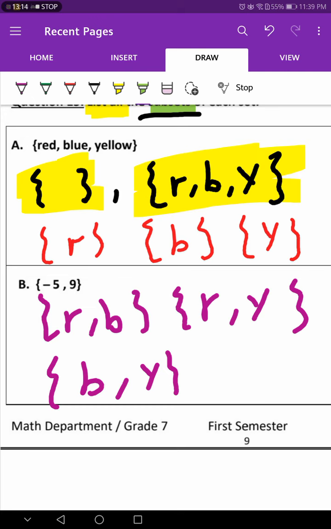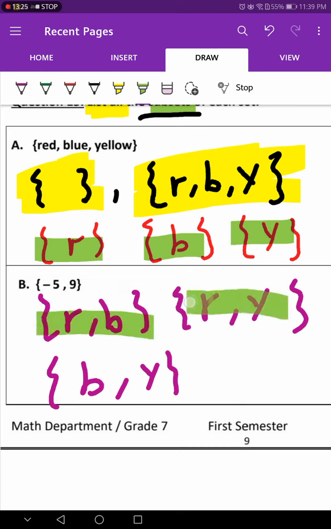Then I take each element alone. Then I take two by two: 1, 2, 3. I'm done. So this is the whole subsets for the red, blue, yellow set.